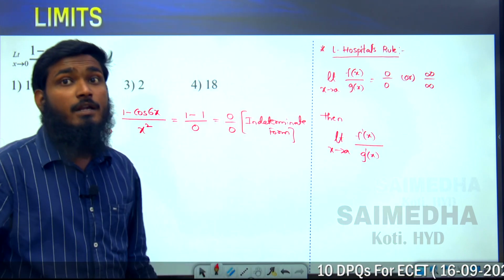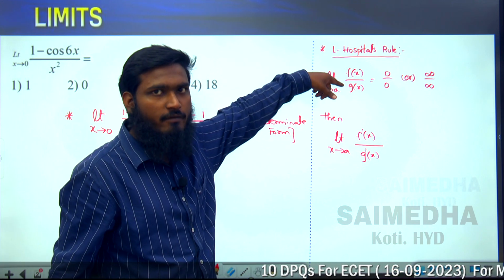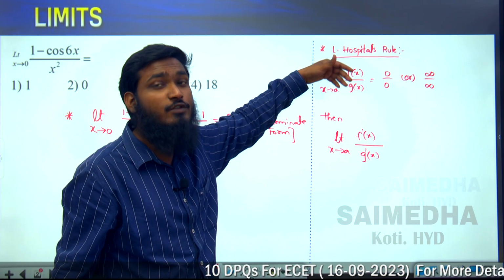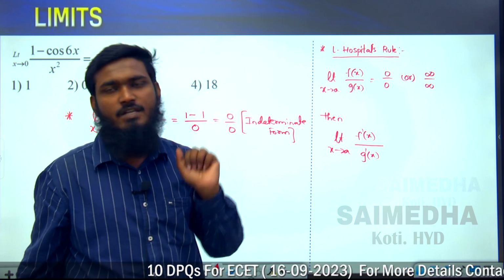Simple. Don't take the u by v formula here. F of x by g of x, don't take it as the u by v formula. Differentiation formulas we know.